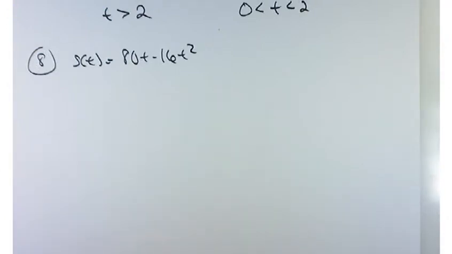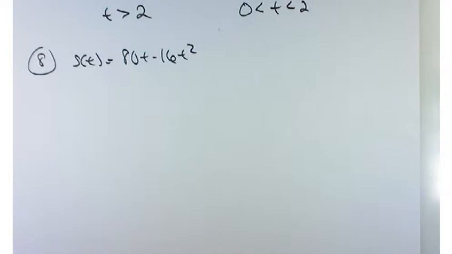Let's think for a minute about the maximum height. When you throw something upwards, what's eventually going to happen? It's going to come back down, right? And in between the time when you're going up and the time when you're going down, something happens to your velocity function.